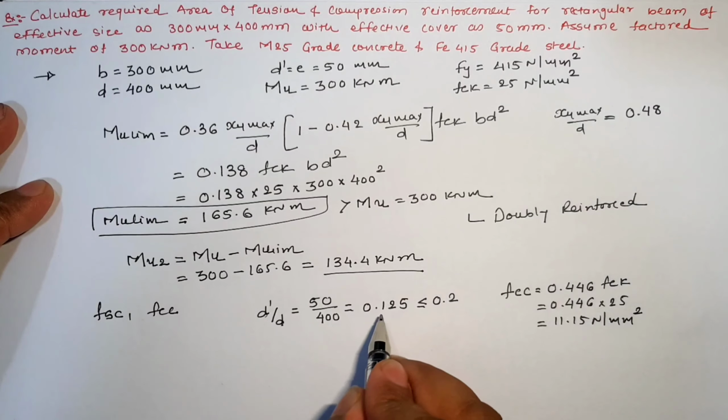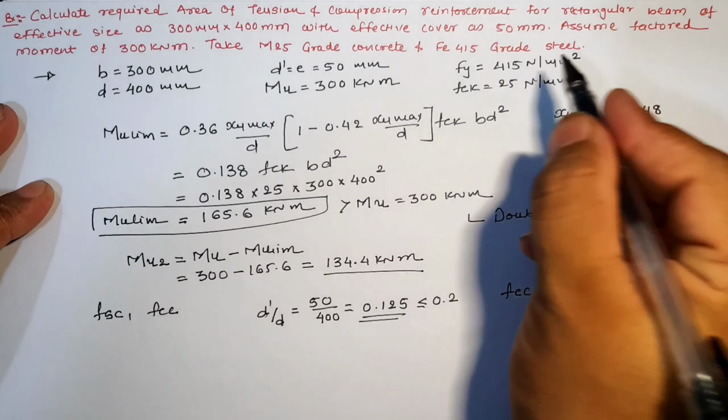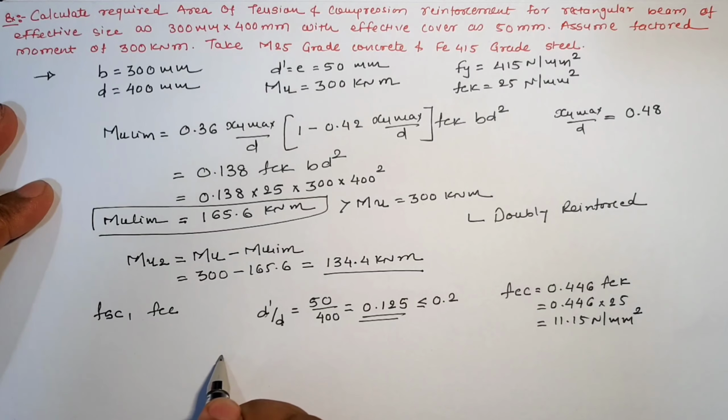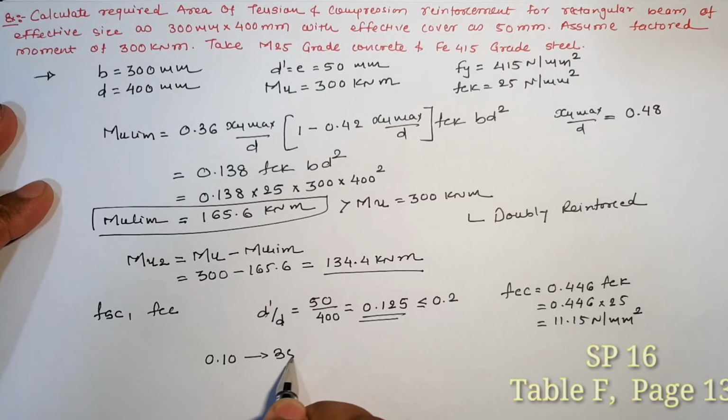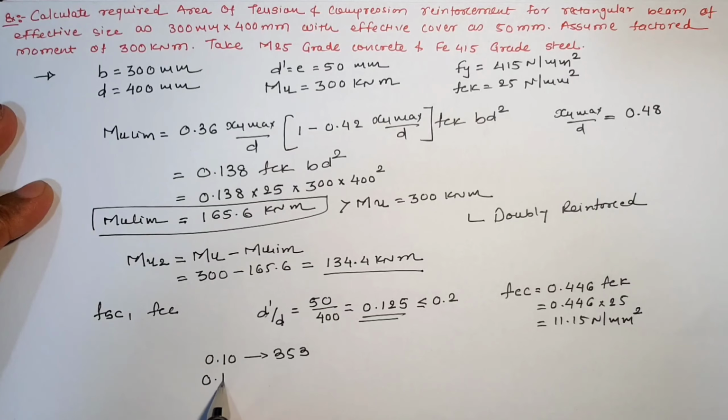Now for d dash by d equal to 0.125 and Fe415, we have the value for 0.10 as 353 Newton per mm square, and 0.15 as 342 Newton per mm square.